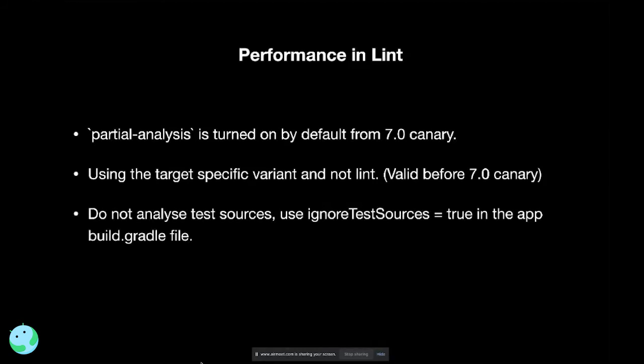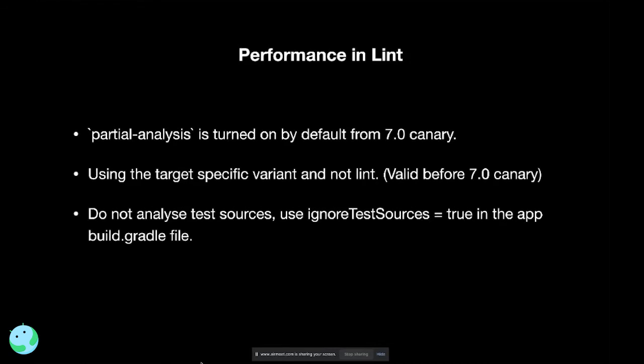Do not analyze test sources. Lint has two test source flags: one is check test sources and another is ignore test sources. Check test sources is by default false, and hence it has no performance tweak in it. But for ignore test sources, it is a choice that you make.